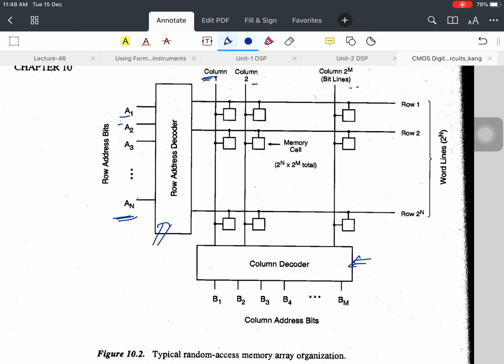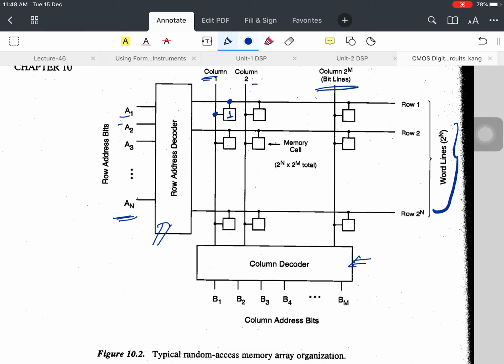bit lines. Each memory cell is connected with a column and a row. If I talk about memory cell 1, it is connected with that column and that row A1. These are called the word lines, and the column lines are called the bit lines.